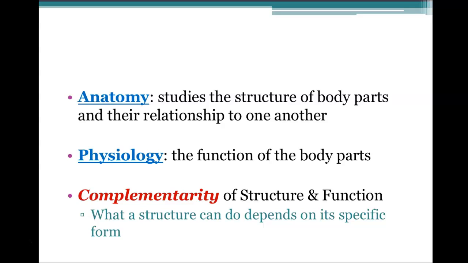The reason the structure of the cell is conducive to the function of the lungs is that, as everyone knows, and we will talk about the respiratory system a little bit at the end of the course, gas exchange has to occur in the lungs. So the form, the thin disc-like cells, fits its function, that gas has to exchange across. Oxygen goes in and carbon dioxide goes out. The structure dictates function.